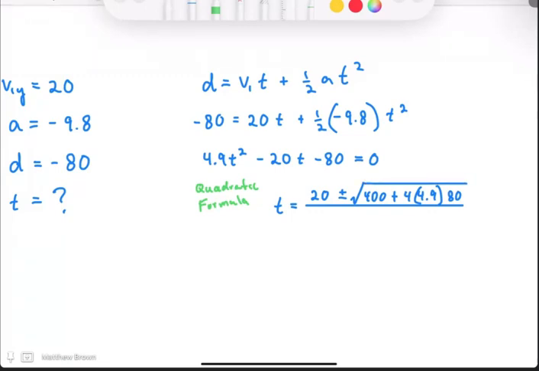All over 2a. Well, a is 4.9 and 2a, as you all know, is 9.8. And that will give me the time. Substituting these numbers in, we get t equals 6.57, and we get negative 2.49.